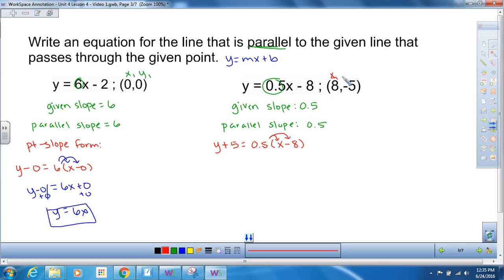This is my x1, y1. So if I distribute that 0.5, I get 0.5x minus 4. Then I need to subtract 5 from both sides. So I get y equals 0.5x minus 9. So if you graph both of these lines, they would be parallel. They don't have the same y-intercept because then they'd be the same line, but they do have the same slope.